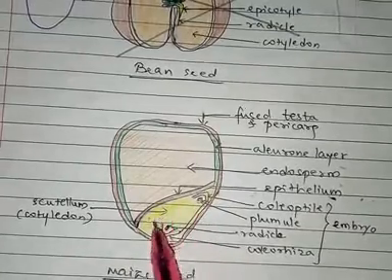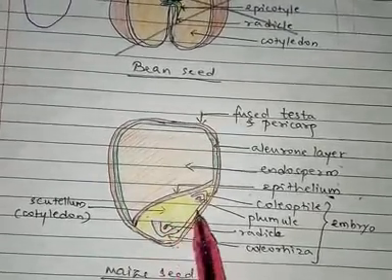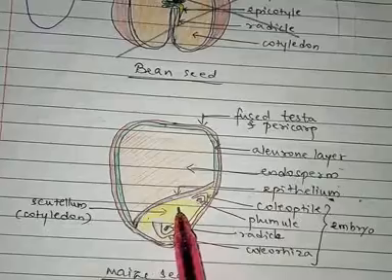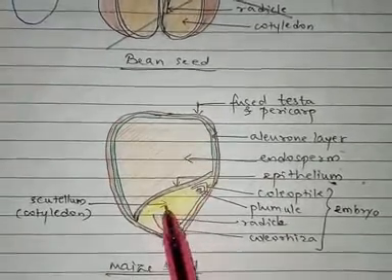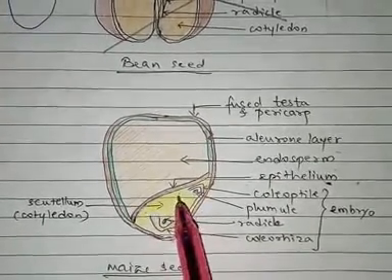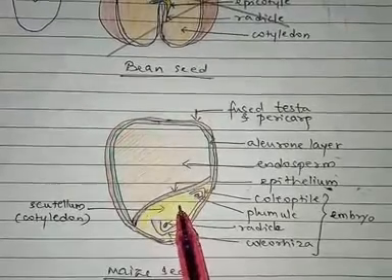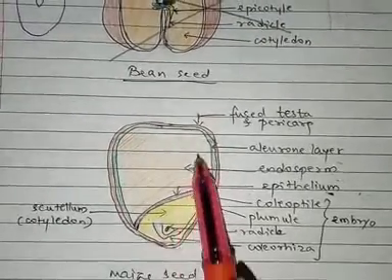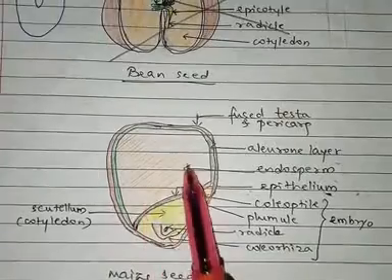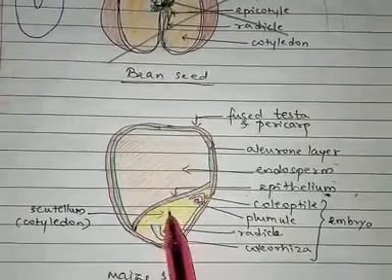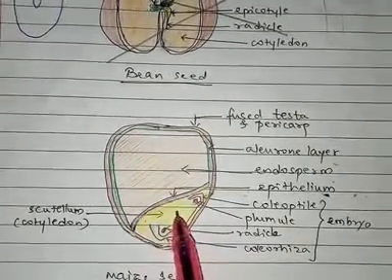Talking about the embryonic region, the embryo consists of a cotyledon. Here you can see the cotyledon is highly reduced, very little cotyledon is there. Why? Because the food is stored maximum in the endosperm, that is why the cotyledon is very small in size.